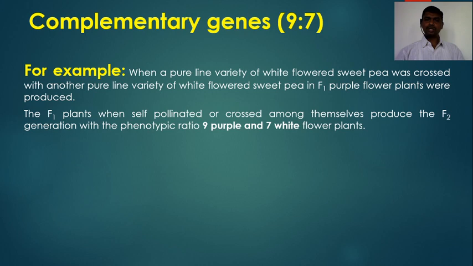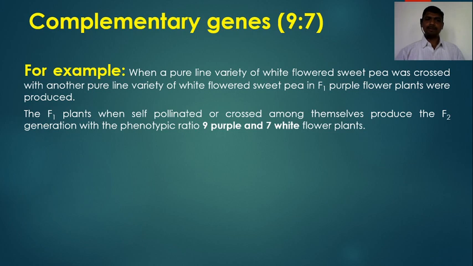When two such parents are crossed with one another, then in F1 an entirely new phenotype appeared, that is, the F1 is purple flowered. This happens because of the complementation of the two genes to produce the colored flower.